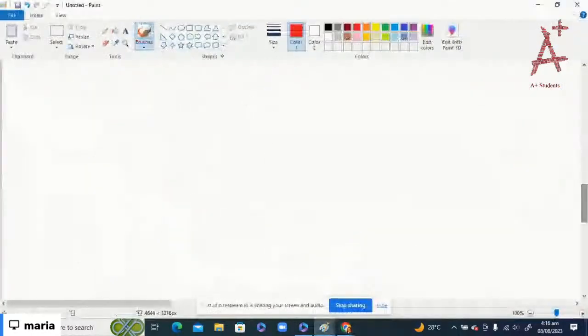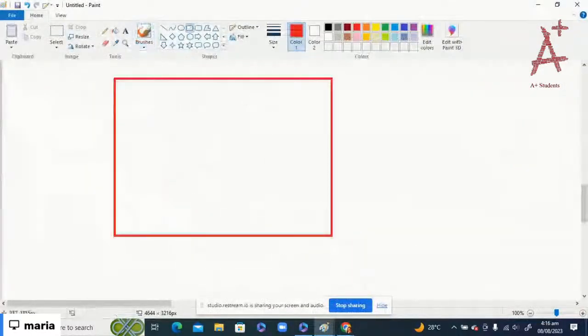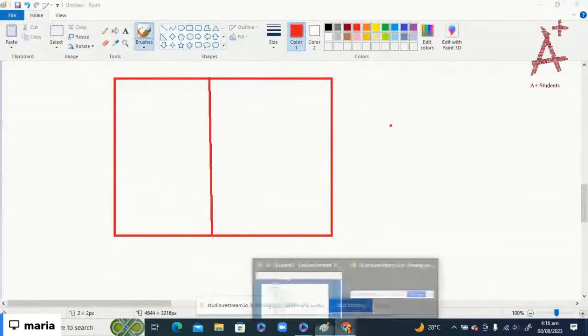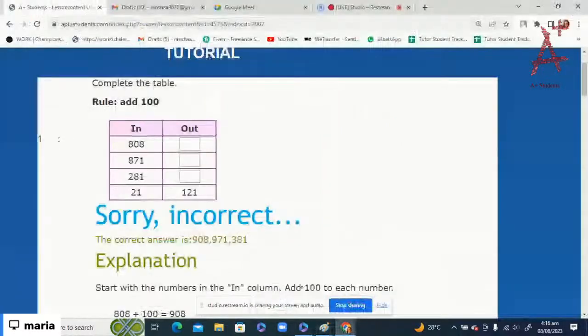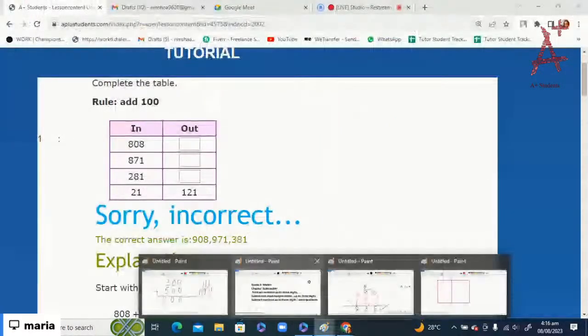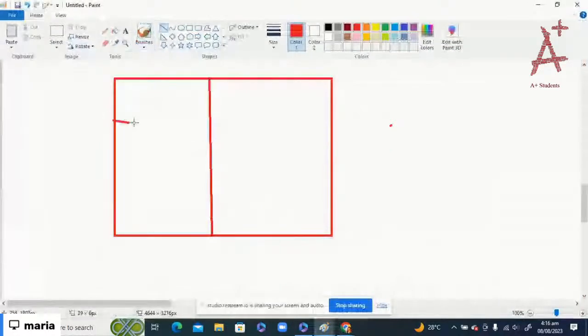Here are some numbers. So the first number is 808, 871. I'm just going to draw some boxes here.